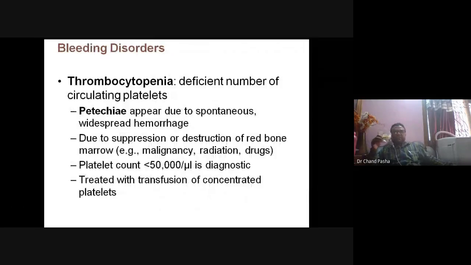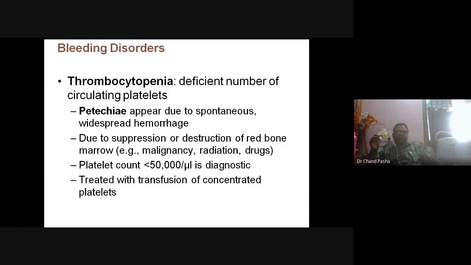Bleeding disorders: thrombocytopenia. Here the platelet cells get reduced. You know, we discussed platelets in individual cells. What should be the number of platelet cells in a healthy individual? 1.5 to 4.5 lakhs.